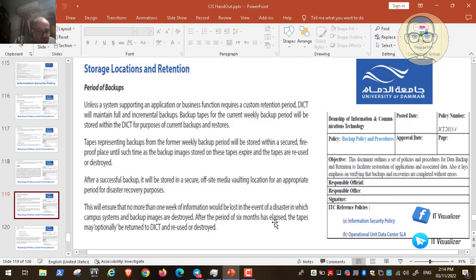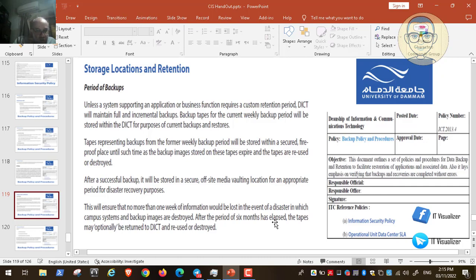So in short, he is stating the storage locations. We can see that we have 3 locations. Let's put it this way: we have, for example, the IT office, where we store 1 week of tapes. Maybe it is left on the desk of the IT person so he can frequently use it.